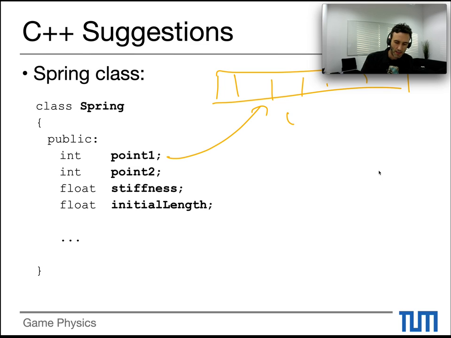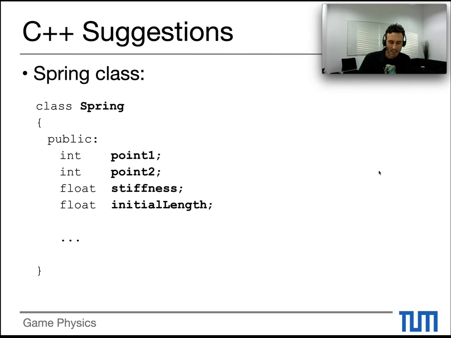So here at position one I have a certain mass point that is indexed by this integer, and same for point two for the endpoint. And then in addition, I need some specification of the physical characteristics of the spring, i.e. its stiffness, the k parameter that we had before, and its initial length, that was the capital L.